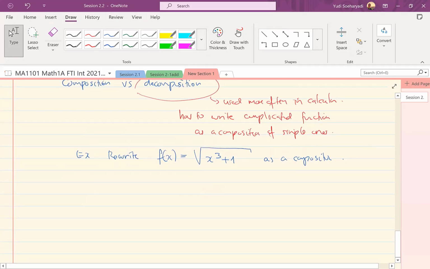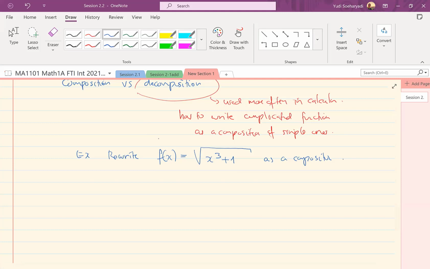So when you compute this kind of function, just recall how you would use your calculator to compute this number here. If you have a calculator and you have to compute, for example, plug in 7 to this function, what would you do if you use a calculator? What to punch first?